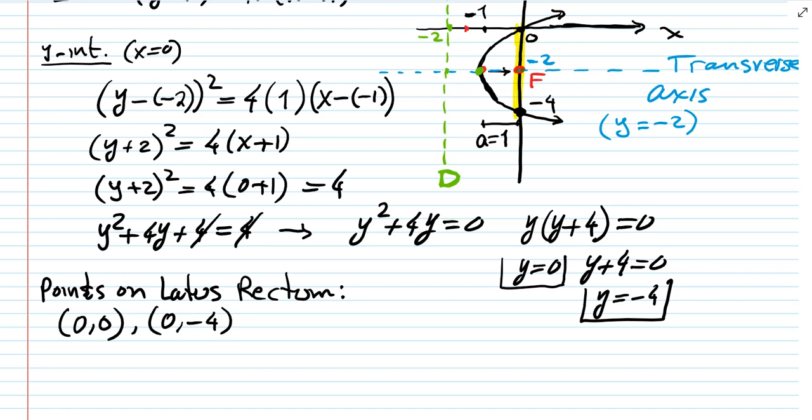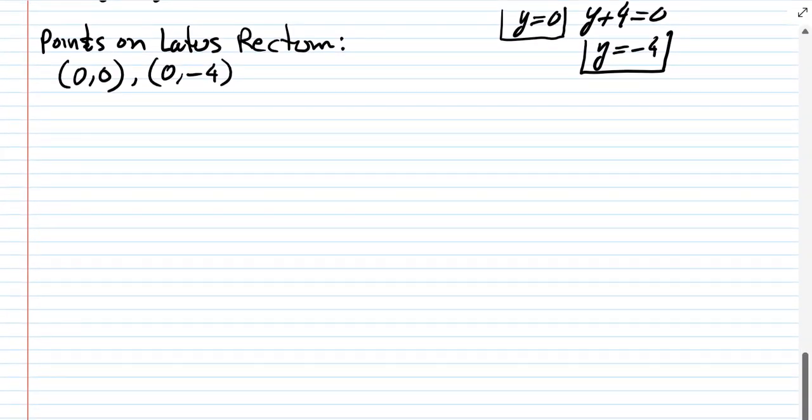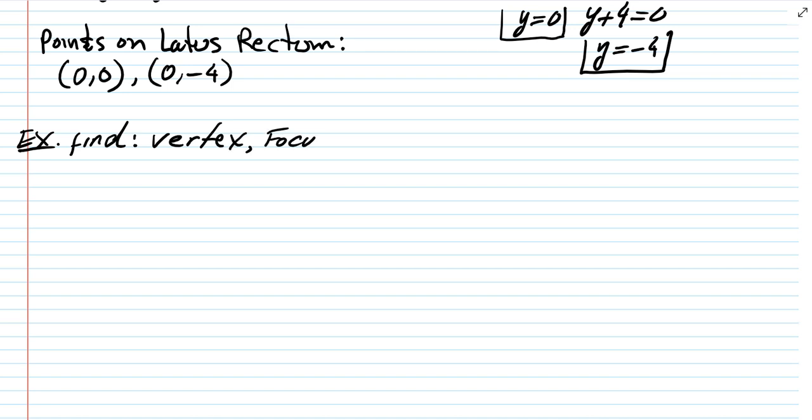And let's do one more for this next one. In my next example, let's say we want to get the following. Suppose we want to find everything we want to know about the parabola. Find the vertex. What else? Focus, directrix, and what else?